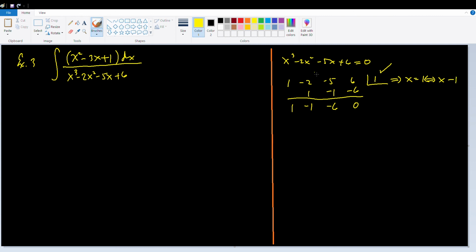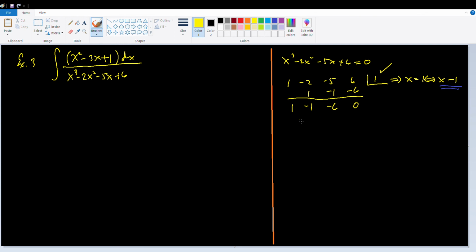So x minus 1 is one of the factors. And these constants become the coefficients of the polynomial 1 degree less. So if it's x cubed, these will be the coefficients of x squared, x, and the constant.